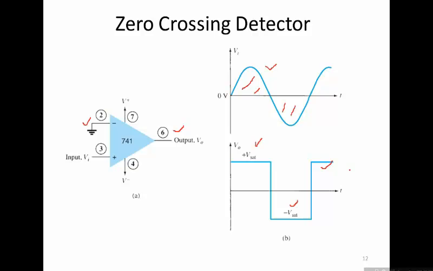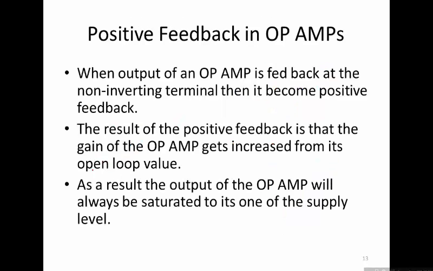So this circuit simply detects the 0 crossing of the signal applied at the input. Next is positive feedback in op-amps.